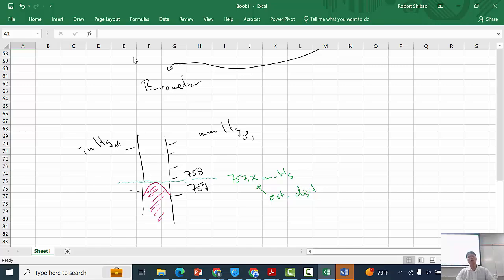But we have something that's more precise than estimating that digit. We have something called a vernier scale that's built into the barometer. And so we don't have to estimate this.